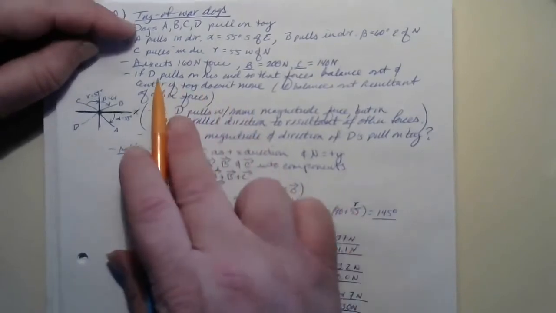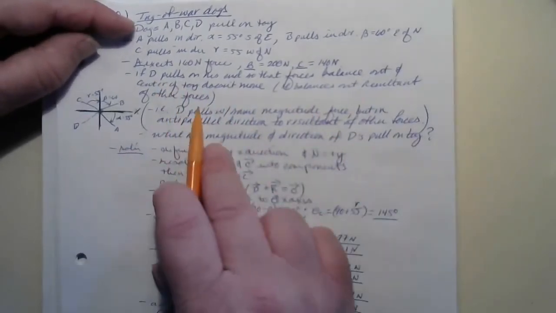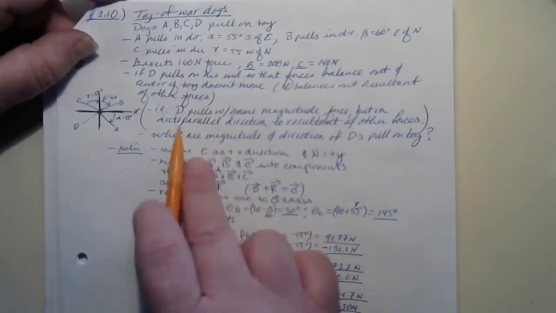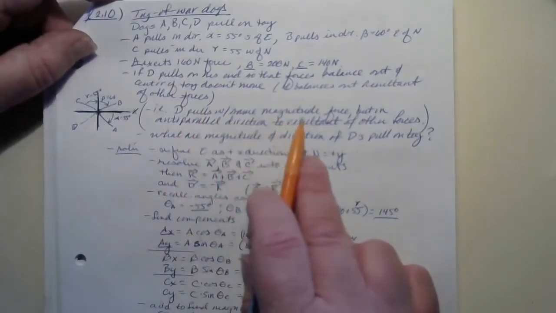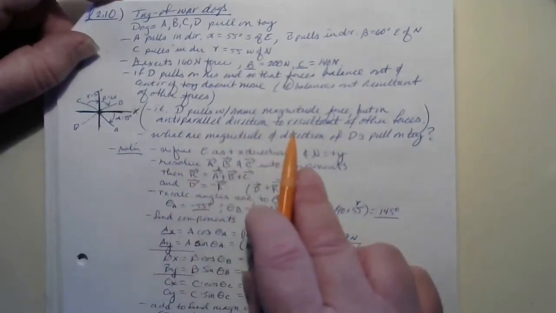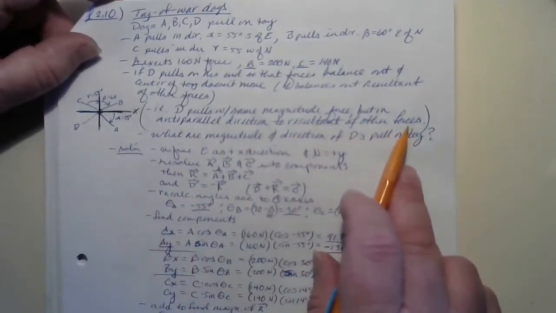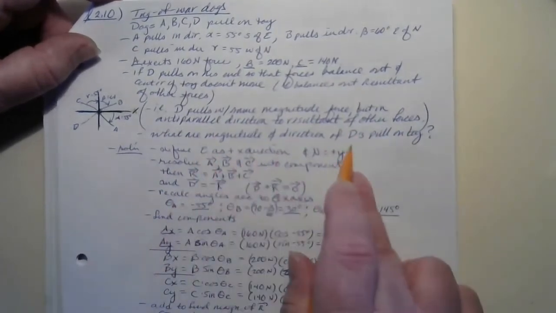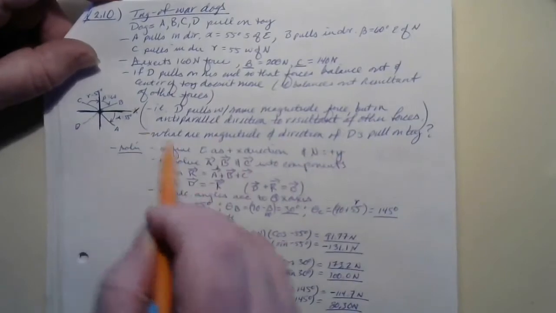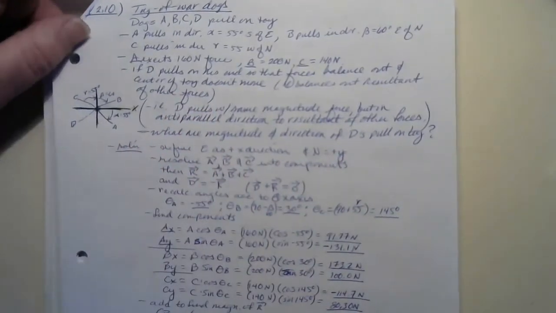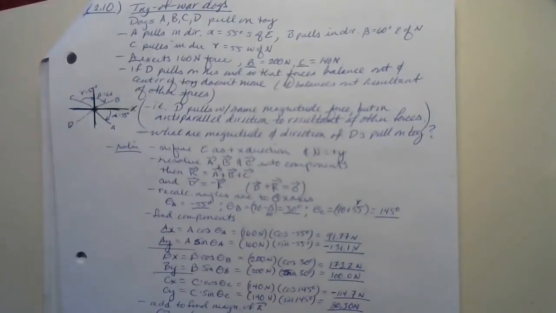In other words, D balances out the resultant of forces A, B, and C. Or in other words, D pulls with the same magnitude of force, but in the opposite, anti-parallel direction to the resultant of forces A, B, and C. This was kind of my interpretation. The question is, what are the magnitude and direction of dog D pulling on the toy?